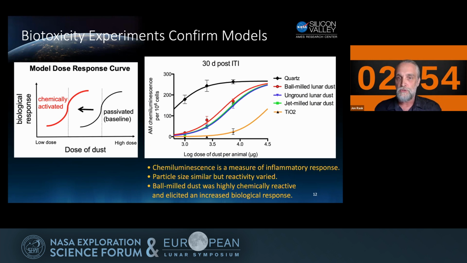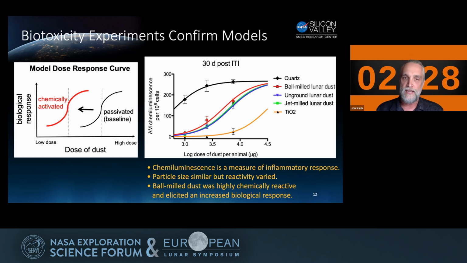And we used 3 different preparations of lunar material: ball milled, unground, and jet milled, 3 different preparations of the same material. It was particle size controlled. Roughly 2.5 microns or so was injected into the lungs of these rats. And we measured the inflammatory response of the cells that responded to this injection of dust in the lungs of the rats.